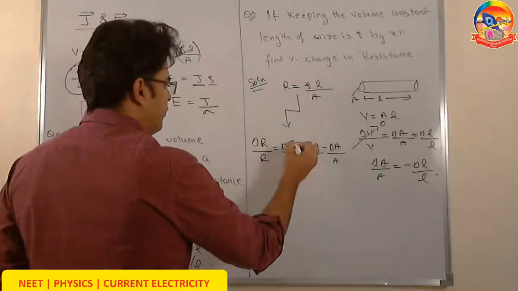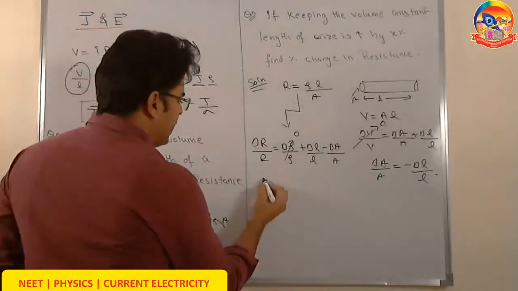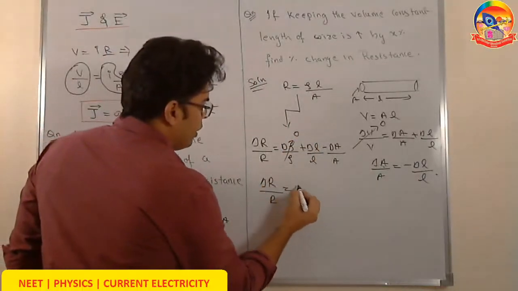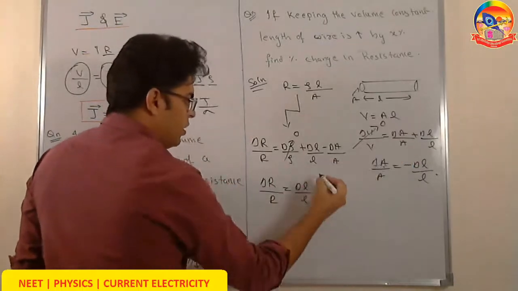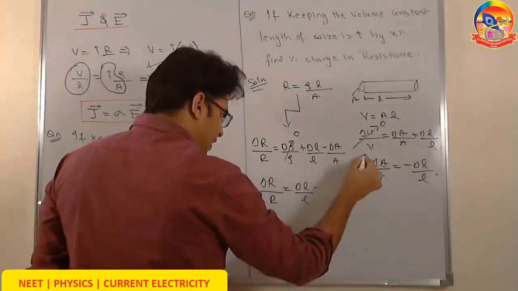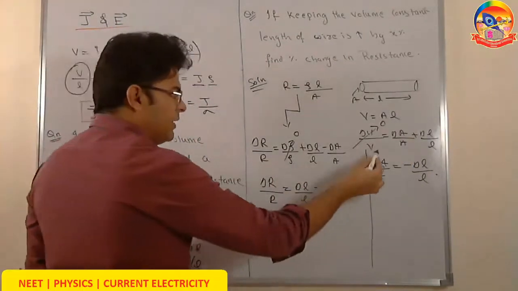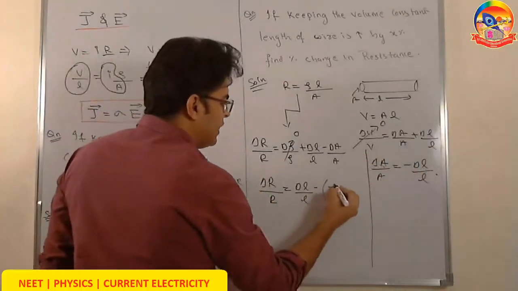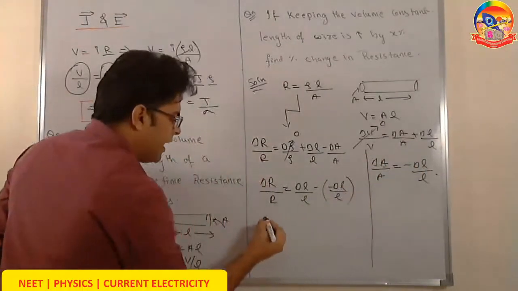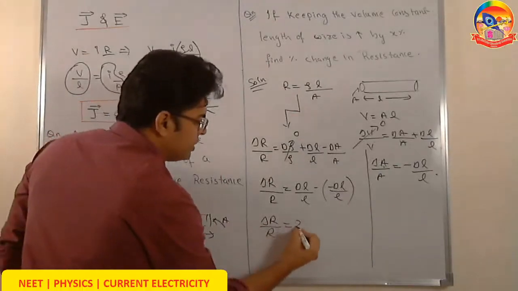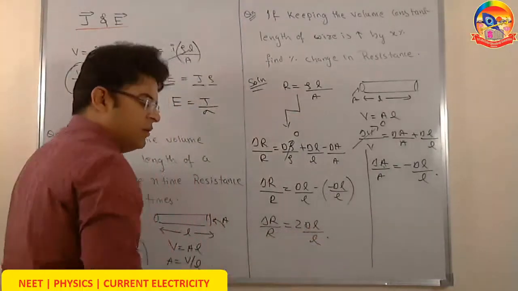So this quantity is 0. So you can write delta R by R equals delta L by L minus delta A by A, and for a constant volume system, in place of delta A by A, you can write minus delta L by L. So the fractional change in resistance equals 2 times the fractional change in length.